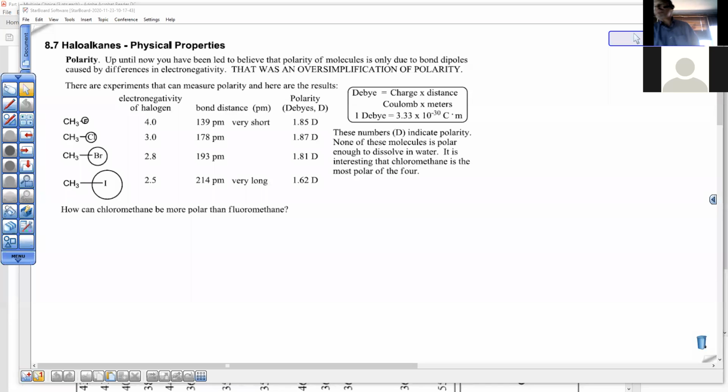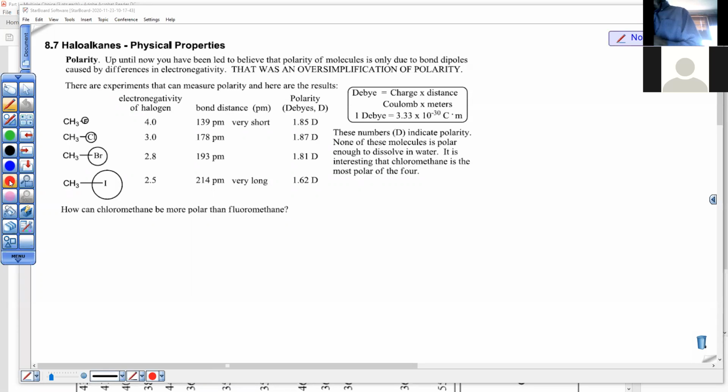We're going to finish up Chapter 8 in this segment, and introduce Chapter 9 in our next one. We need to talk about physical properties of haloalkanes. First off, they're not very polar. I want to make that clear.